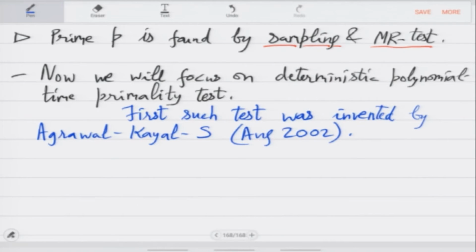It will be much slower than the Miller-Rabin or Solovay-Strassen test, but it will really be deterministic and polynomial time, and it will not use GRH, an unconditional result. Okay, so it's a major example of de-randomization.